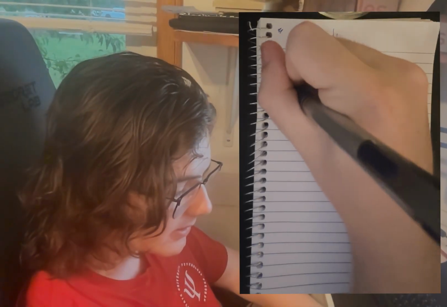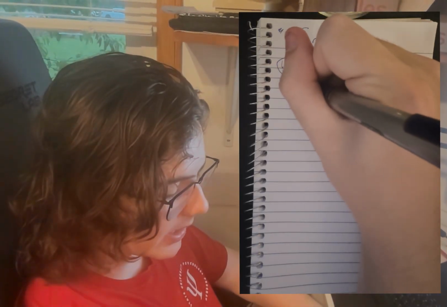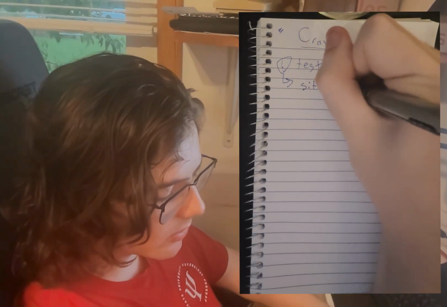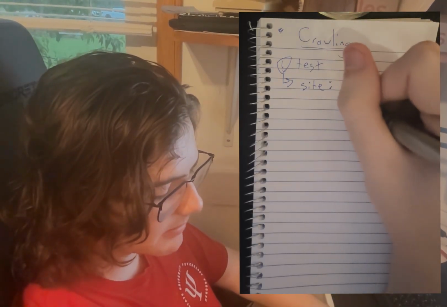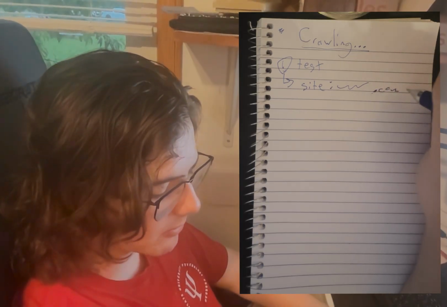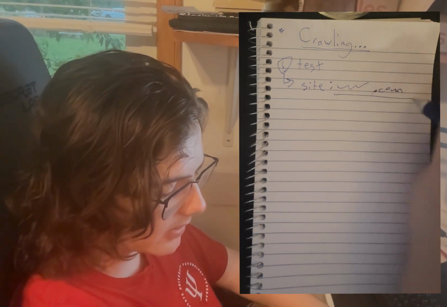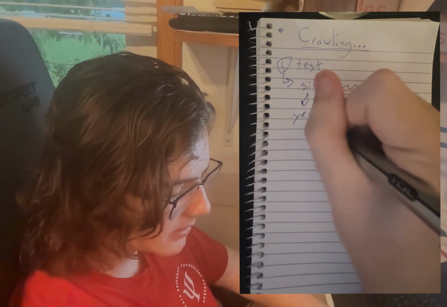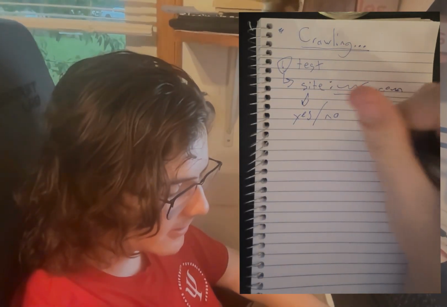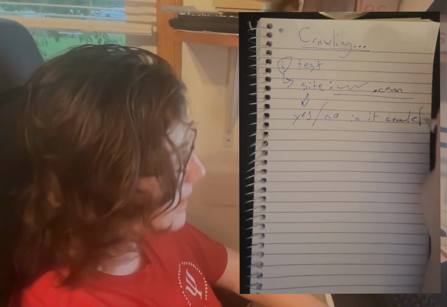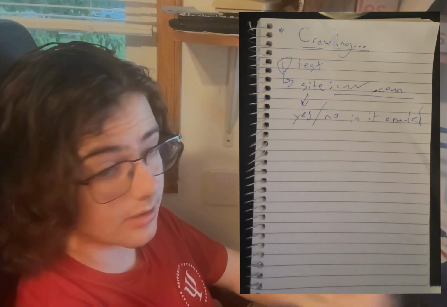To test, we want to go into the address bar on Google and type site colon, and then your domain .com or whatever your domain is, and that's either going to tell you yes or no, is it crawled. And that one's easy, so we'll just leave it at that to see if it is crawled or not.